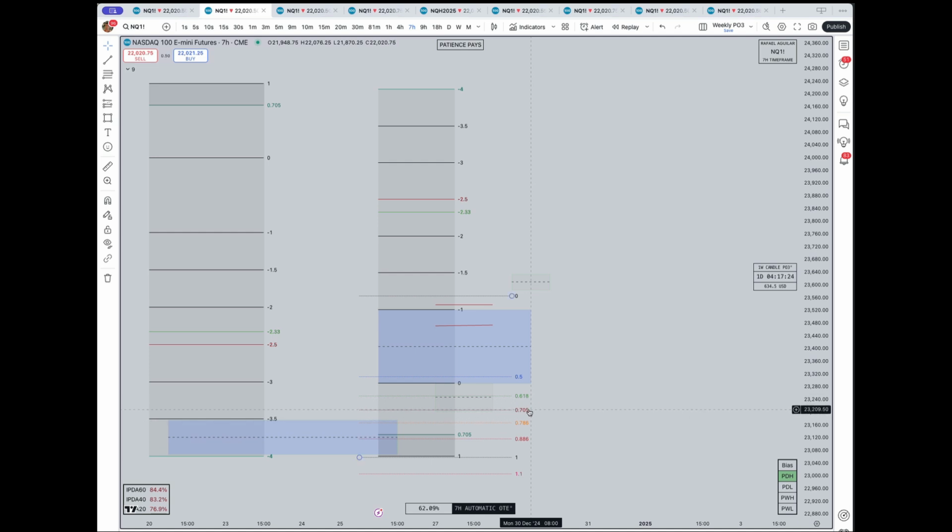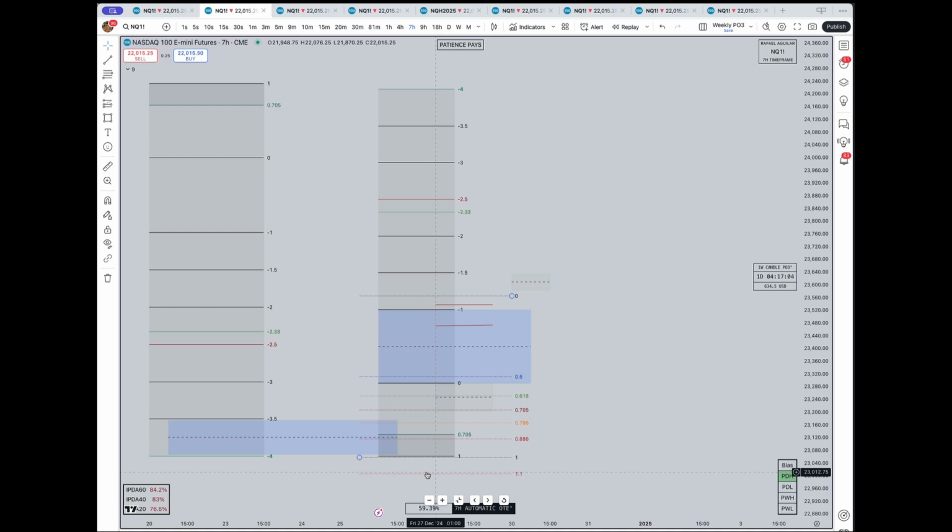Most likely it will be the 0.705 or 0.786. A few times price can trade to here. It's more rare, but it can. The safe stop is below the low.